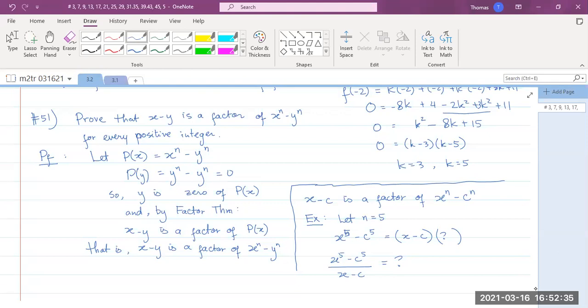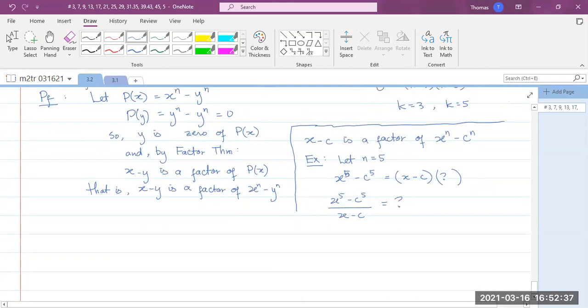So let's change that c for the purpose of simplicity. Let c equals to choose a number. Let c be 3. Okay, so we want to know what is x to the fifth minus 3 to the fifth divided by x minus 3.